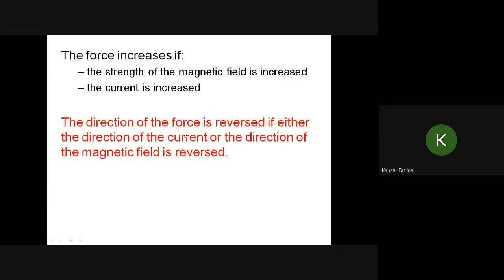and the direction of force is reversed if either the direction of current or the direction of magnetic field is reversed. And you can maximize the force by keeping an angle of 90 degrees between current and the field. So these factors will cause the force acting on the conductor to be maximum.